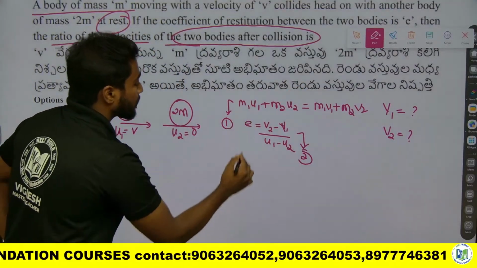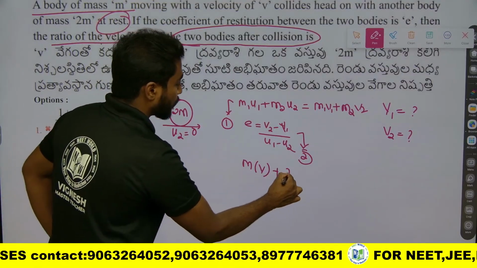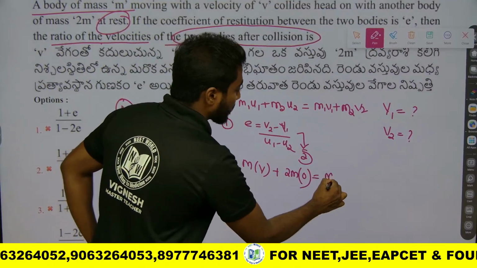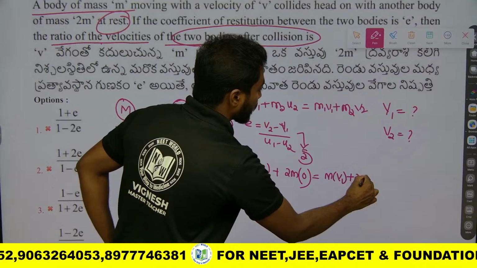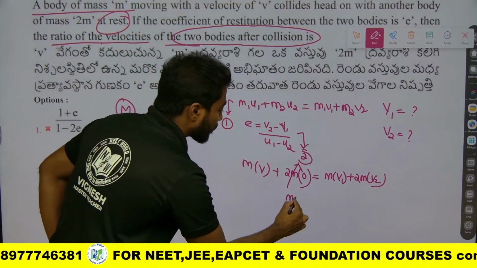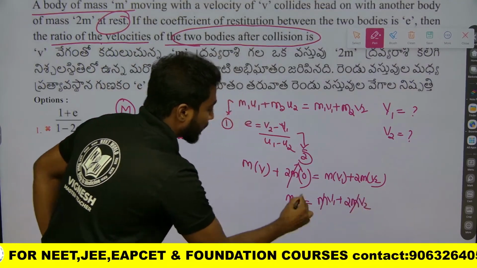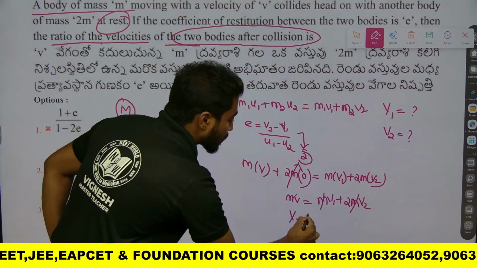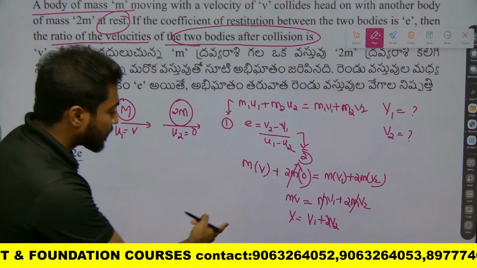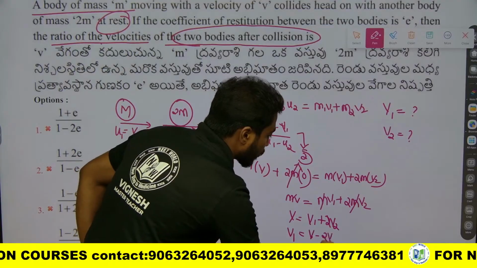So, let us take m into v plus 2m into 0 is equal to m into v1 plus 2m into v2. So, this has been neglected, that is mv is equal to mv1 plus 2m v2. m will get cancelled. So, v will be equal to v1 plus 2v2. So from this I can write v1 is equal to v minus 2v2.